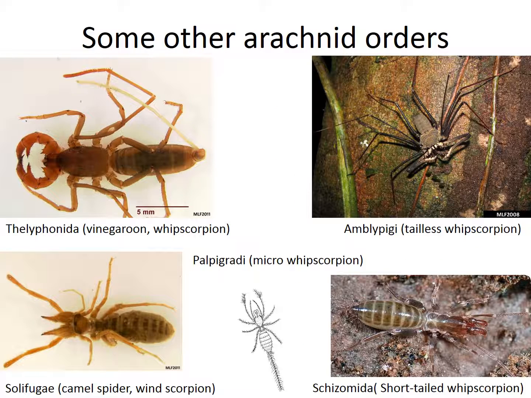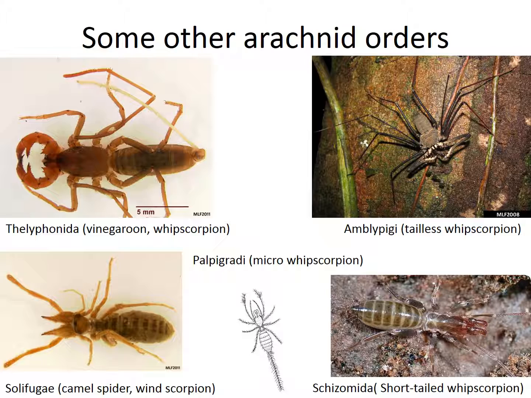And then there are a wide variety of other arachnid groups that you may or may not run into, depending on where you live. Thelyphonida, the vinegaroons or whip scorpions, you may encounter if you live in the desert. Same with Amblypygi, tailless whip scorpions. Same with Solifugae, which are the camel spiders or wind scorpions.